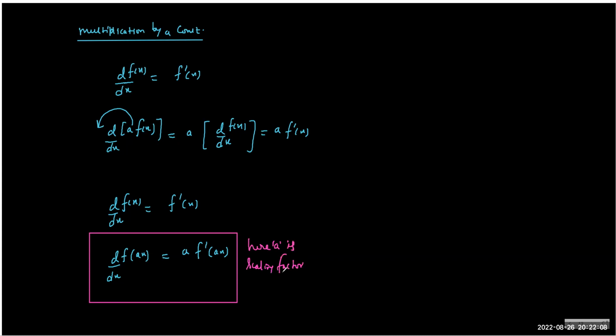If you scale the input, the output also gets scaled. That's the meaning. So when we scale the input, the output also gets scaled by the same factor. Understood?